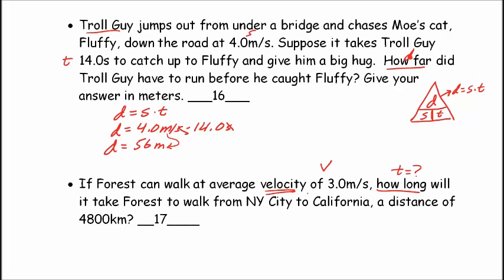So we're going to use the velocity equation. And I guess if you look at this, he's moving from New York City to California. That actually gives us a direction of west because California is west of New York City. And that means that the distance of 4,800 kilometers is actually going to be a displacement x. Okay, so let's go ahead and set this up. We're first of all going to have to determine what our equation is, and we're going to use that magic triangle over here.